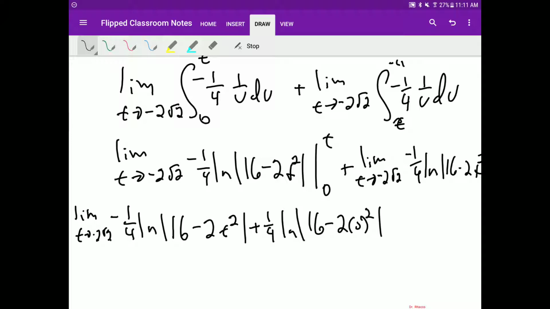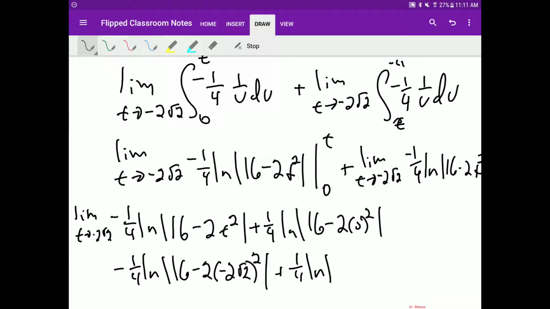Now we can plug negative 2 square root 2 in anywhere we see t. We'll have negative 1/4 times the natural log of the absolute value of 16 minus 2 times negative 2 square root of 2 squared, plus 1/4 natural log of the absolute value of 16.